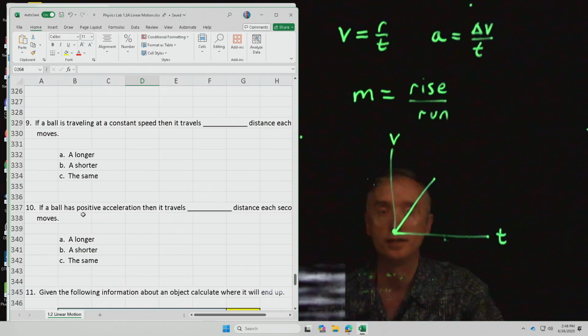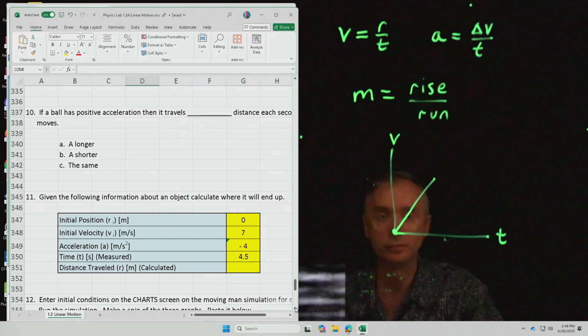Number 10, now this time it's accelerating. It has a positive acceleration, so then it's going to travel a longer, shorter, or the same distance for each second that goes by.